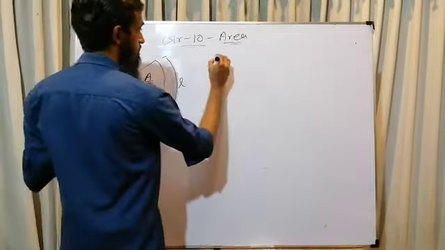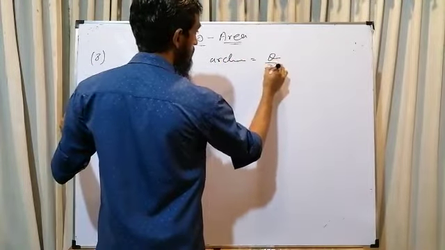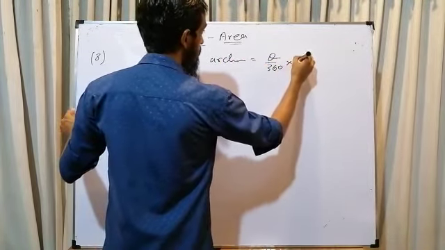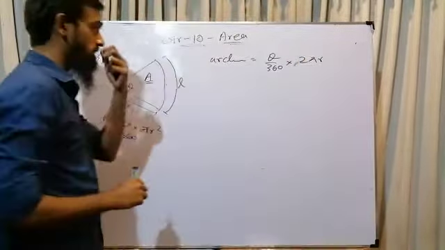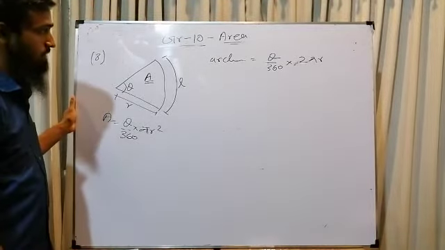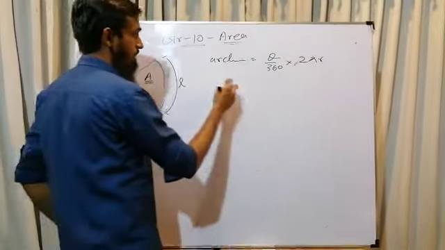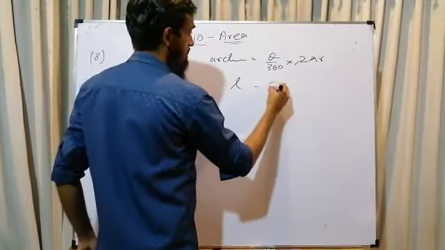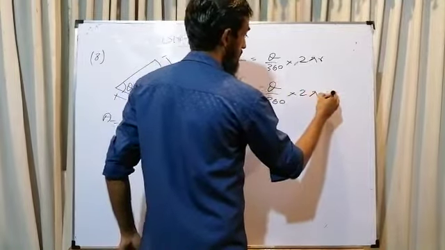So arc length equals theta over 360 into 2 pi r. So arc length is given simply as L, theta over 360 into 2 pi r.